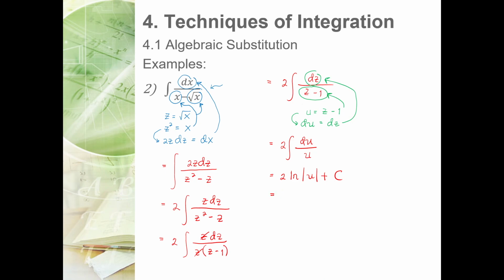So bringing back the value of the u variable, we have z minus 1. Then bringing back the value of your z, the final answer is 2 ln of square root of x minus 1 plus c. Okay, so that's the final answer.